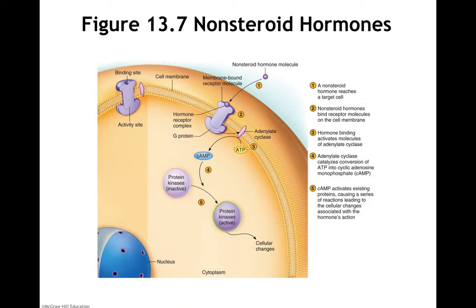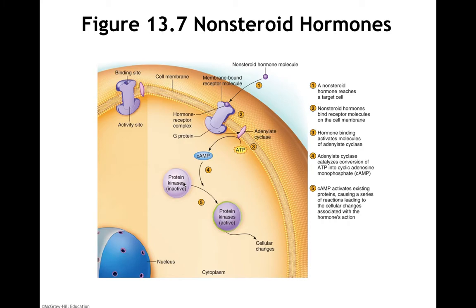So here we have a non-steroid hormone binds to its receptor, first messenger. The receptor is attached to a G protein. That G protein becomes activated and it turns on an enzyme called adenylate cyclase. So this is a second messenger system. Adenylate cyclase takes ATP, makes it into cyclic AMP.